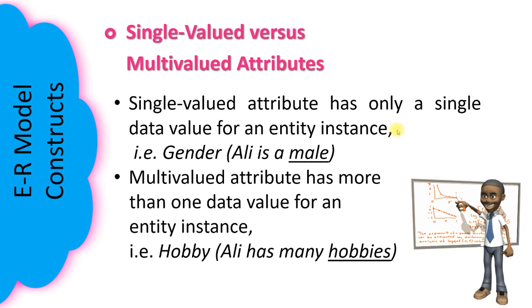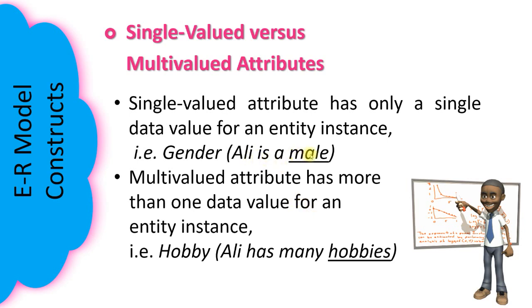Say the entity type is teacher, so the entity type teacher has many teachers. I just take one example here. Say Ali is one of the teachers, one of the instances under the teacher entity type, and Ali as an instance has only one gender.